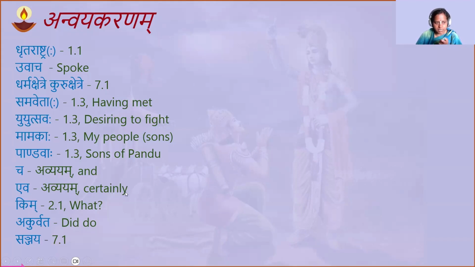Eva means avyayam, certainly. Kim means what, because it's an object here. And akurvata means did do, Sanjaya 7.1. So everybody is clear about the meanings here, right? Now you need to tell me what the verbs are. That's the first exercise we need to do. In this, what are the action words? All of you can help me find the action words.